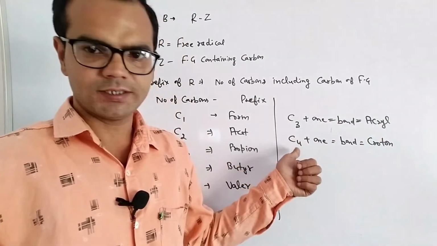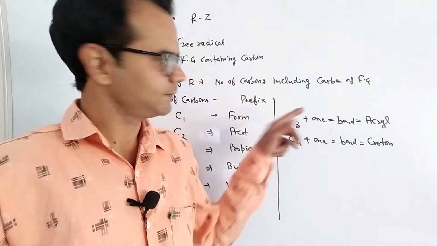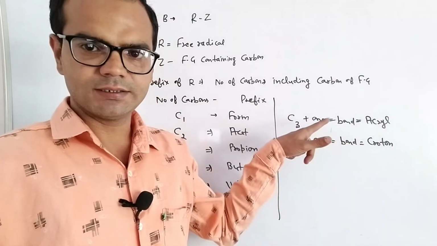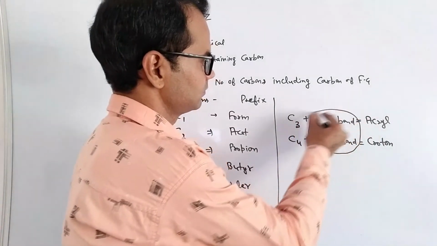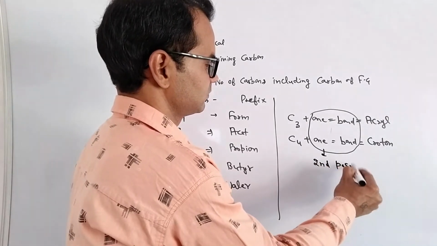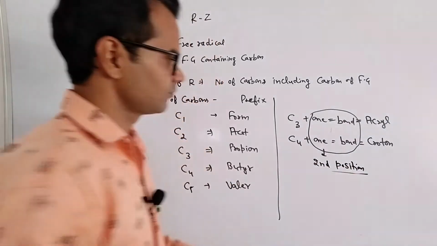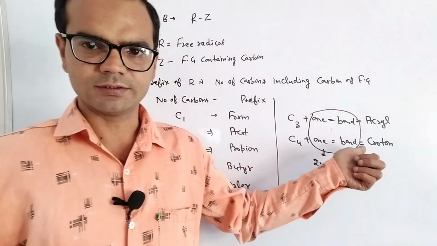If we have four carbons plus one double bond, then that is croton. But make sure that the double bond must be present at the second carbon, second position. That is quite important, acryl and croton.